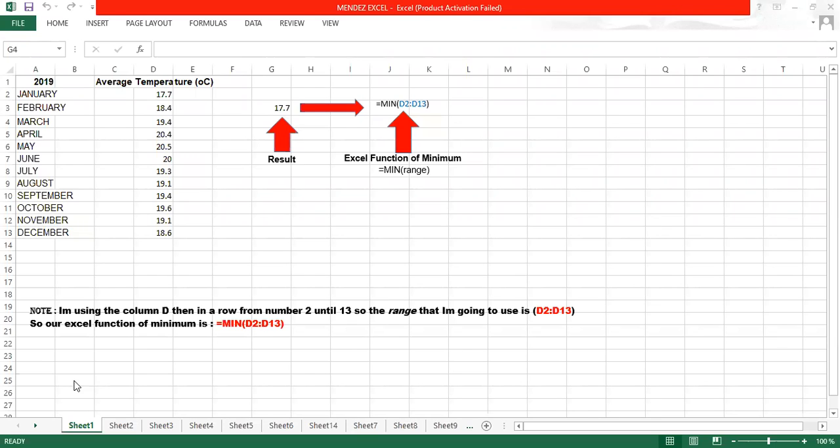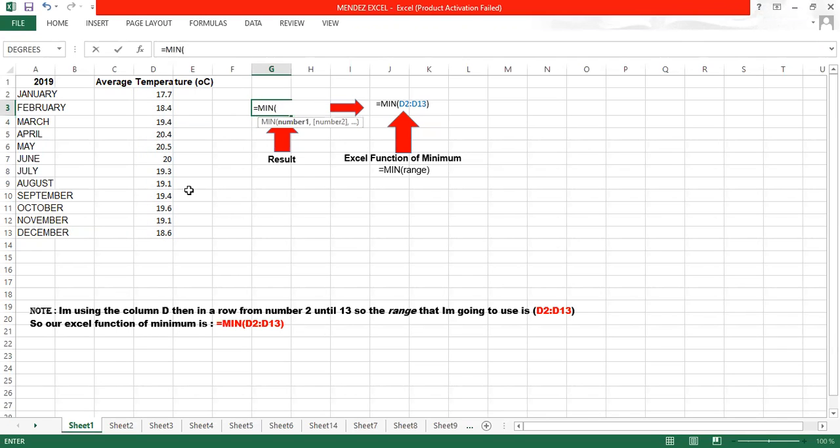Okay, I will show you how to use this Excel function in getting the minimum value. We will assume that we don't know yet the result. These are the highlighted cells. And then we'll put equals, MIN, open parenthesis.